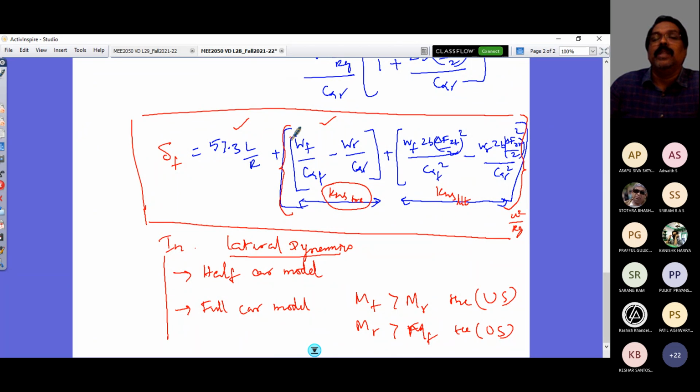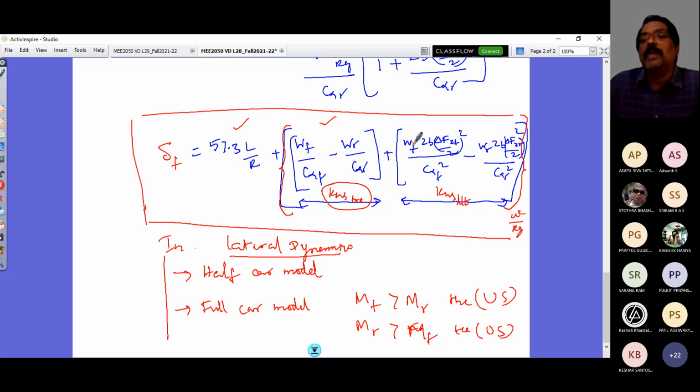So you see this red color parenthesis, there are two terms, and outside you have your lateral acceleration. So an additional effect on understeer gradient can be witnessed the moment you account for a more realistic vehicle model with the suspension effect as well. Interestingly, there are two terms. The first term has W_F times delta F_zF by C_alpha F squared, and then the second term. The first term is positive, the second term is negative.